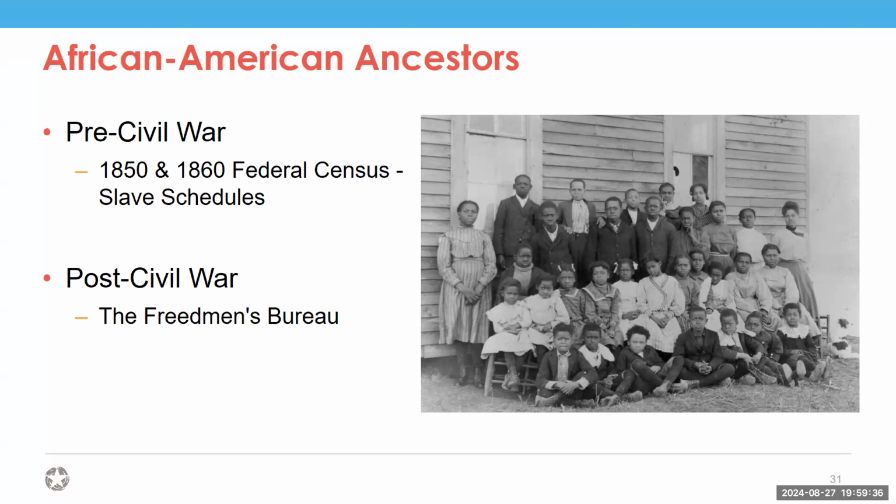So oftentimes when you are researching enslaved persons, the slave schedules are helpful when used in conjunction with the 1870 federal census or any of the census mortality schedules from 1850 to 1885, or wills or other probate documents, because sometimes they will enumerate the enslaved persons out.